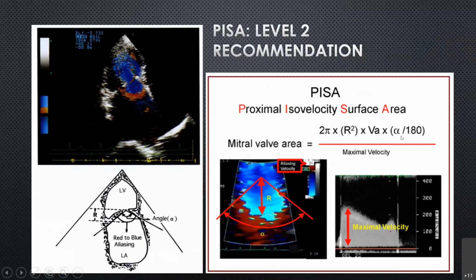And this is the difference. It can be done. I think it's very tedious. I don't think we do enough with MR, but if we have a case and there's no other way, level 2 recommendation to do a PISA method of calculation. And this would be a maximal velocity for math. And the formula we all know, but I put it there for you guys.